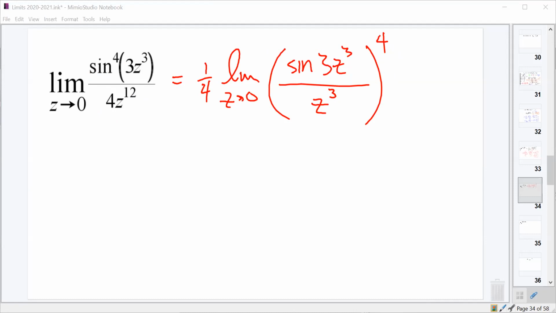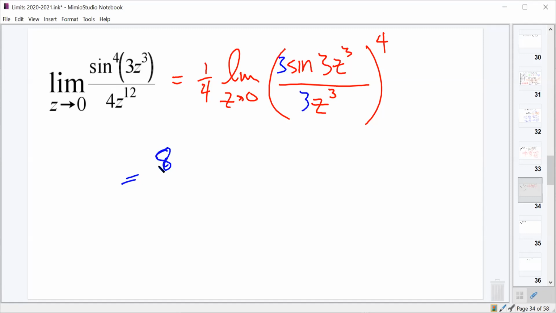Okay, so next step is throw the 3 in the denominator, throw the 3 in the numerator, and pull that 3 out. But that 3 is not actually 3 when I pull it out. What is it? 81. It's 3 to the 4th power, right?